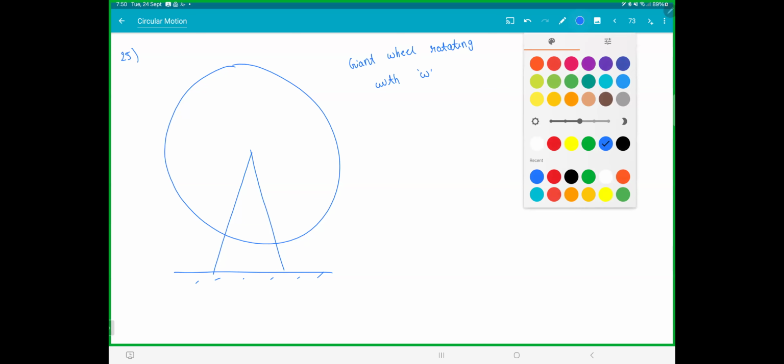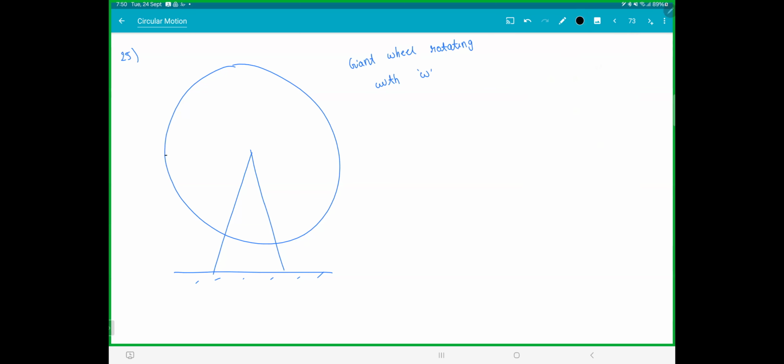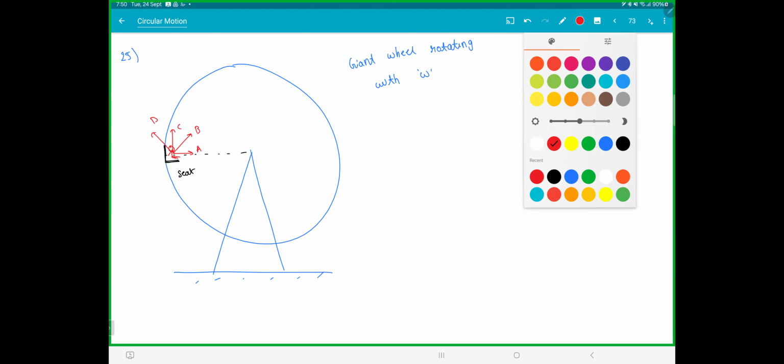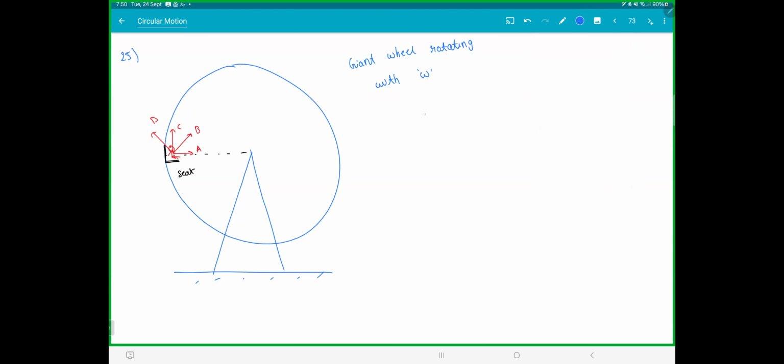Now in this, when it is exactly horizontal, there is a seat here, and you're sitting inside. Now the question is, if I take the forces here, A, B, C, and D, like this. So there are four options I gave you. In which direction does the seat exert force on the person?